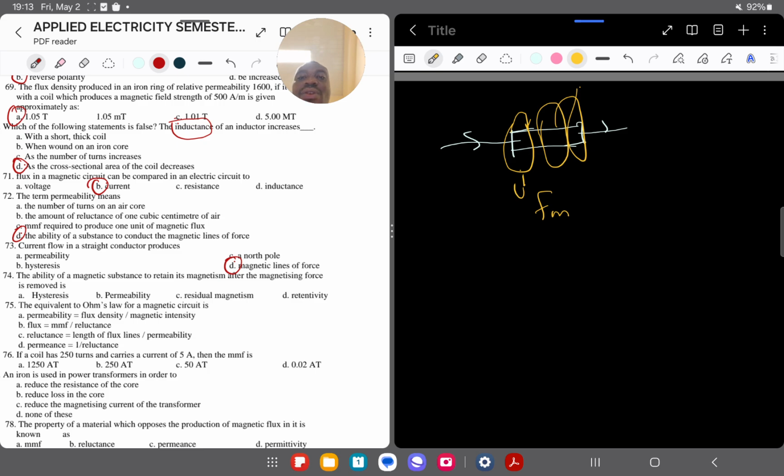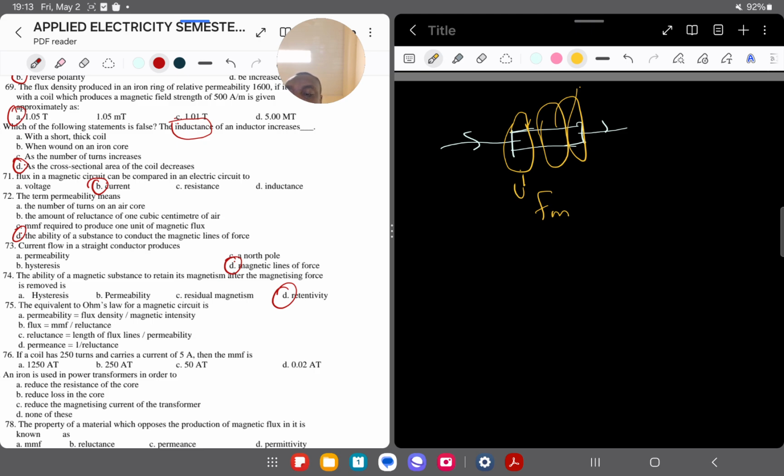After you remove the nail, the magnetizing force is now 0. Once you remove it, the magnetism in the nail will remain for some time before it disappears. That is what we refer to as retentivity. So the answer is D: the ability of a substance to retain its magnetism after the magnetizing force is removed.